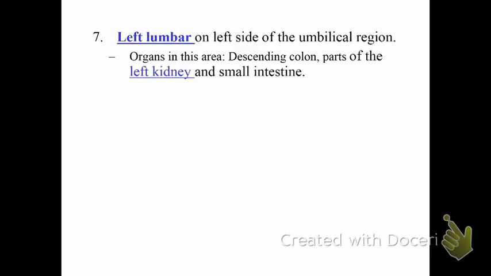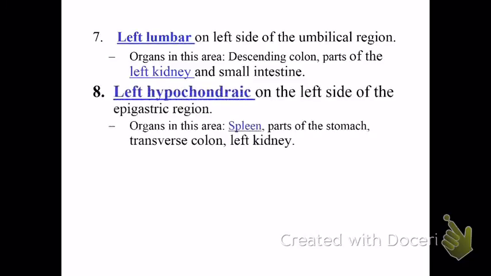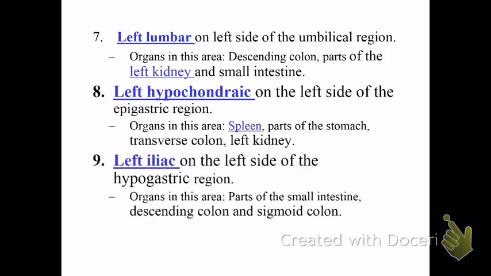The bones in the lower part are called lumbar bones. So on the left side of the umbilical. On either side of the umbilical is lumbar. Left hypochondriac will be on the left side of the epigastric region. And as you study these, left iliac, left side hypogastric.